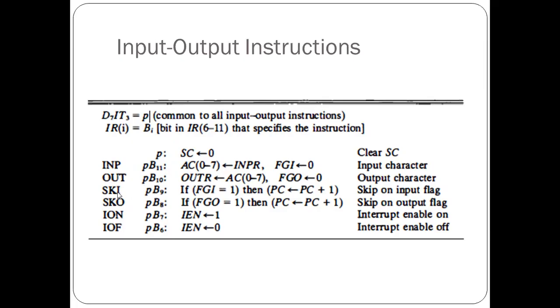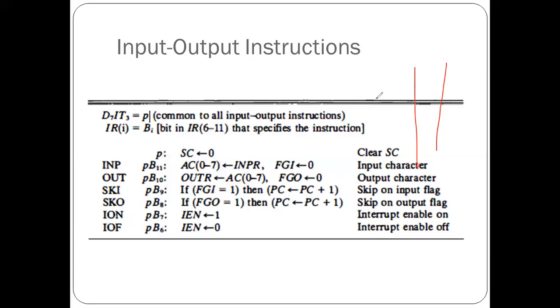The next instruction is skip on input flag. It checks the input flag condition; if it is 1, then it skips the next instruction. Skipping the next instruction is nothing but incrementing the PC contents by 1, so that the next instruction can be skipped.